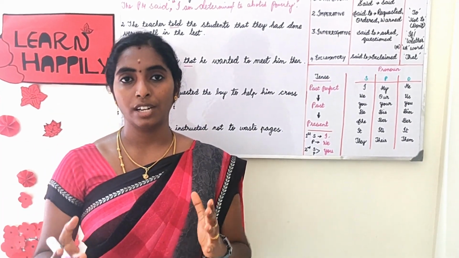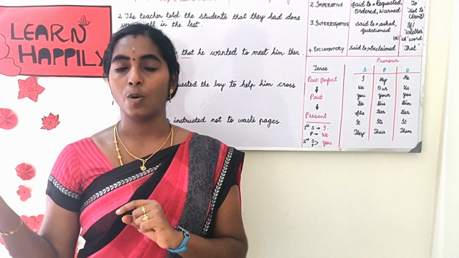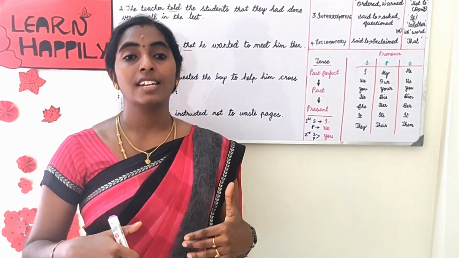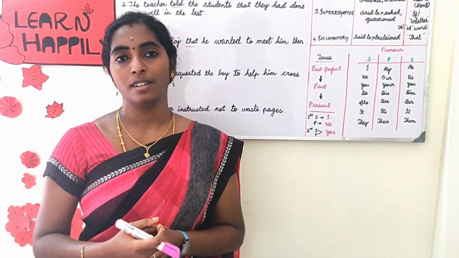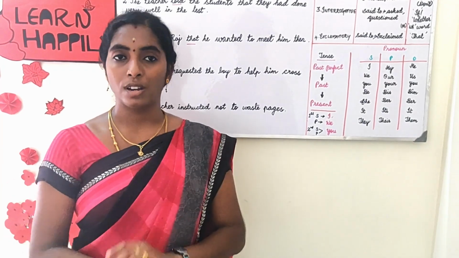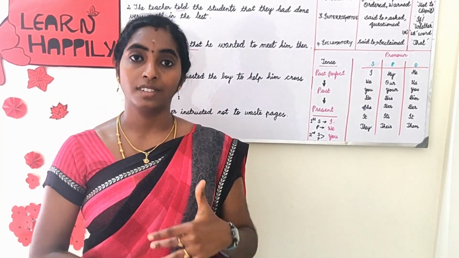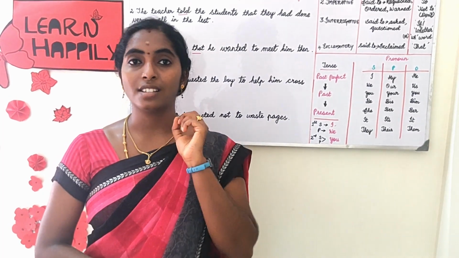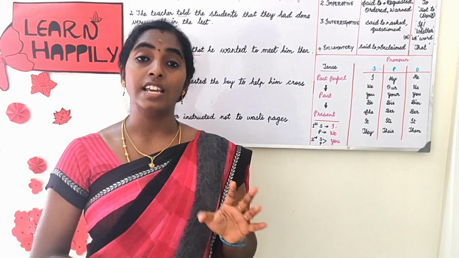For example, if I am getting that message, he was determined to abolish poverty, and I am imagining myself as the Prime Minister, then how would I say to the people? I am determined to abolish poverty, isn't it? So imagine you as the speaker. That is the clue. That is a tip you can use to get through indirect to direct speech very easily.